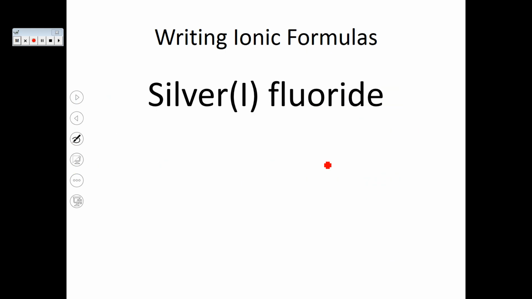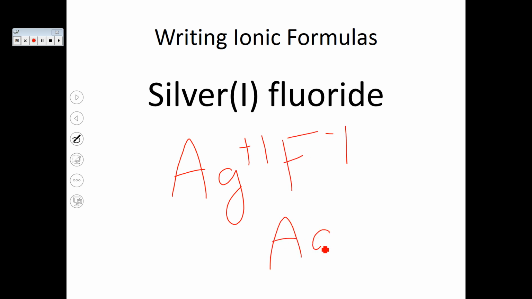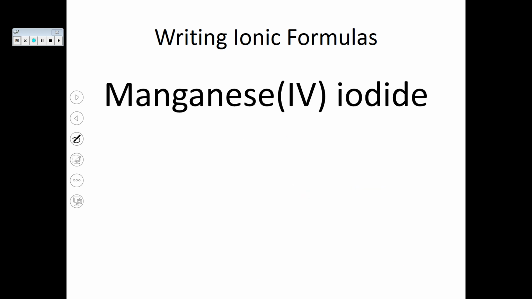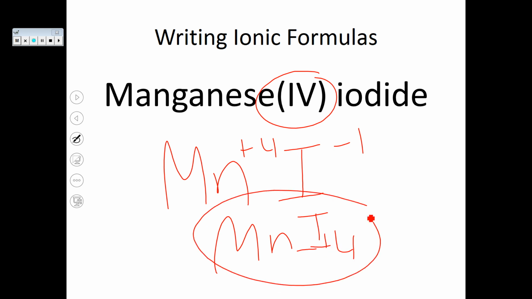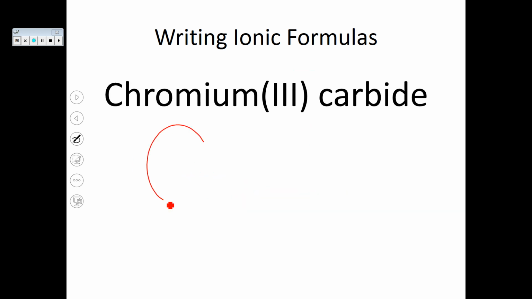All right, let's take a look at these. Silver 1 fluoride. Ag +1. F -1. Becomes AgF. Manganese 4 iodide, its oxidation number is going to be +4. Iodine is -1, so it's MnI4. Chromium 3, Cr3+.